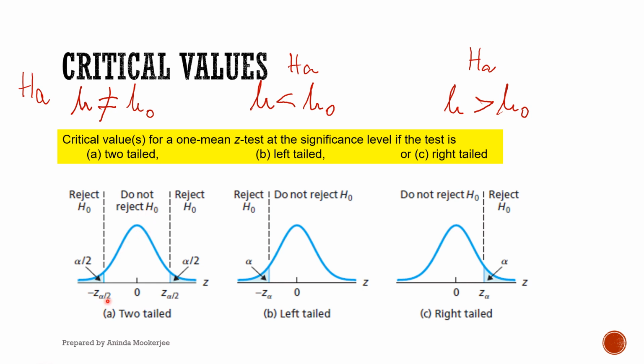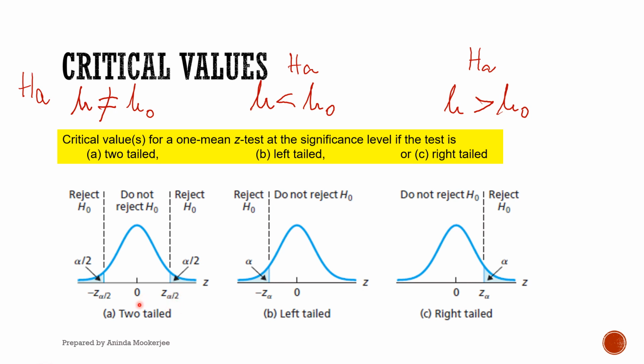Now the critical values, as I said before, are either a z value or a t value. For the left end, the critical value in a two-tail test is going to be negative z of alpha by 2, and on the right end, it'll be a positive value, z of alpha by 2, right?